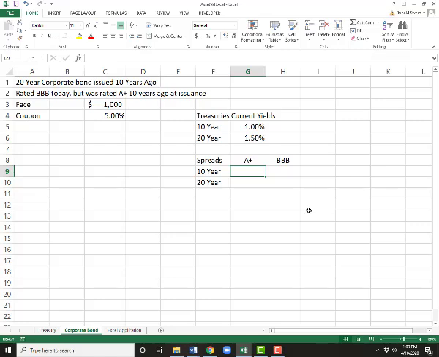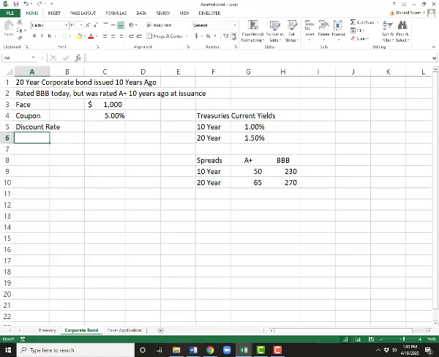So let's say A+ bond spreads are 50 and BBB is 230. And for 20 years, let's say it's 65 and BBB is 270. All right, so there are our spreads. So the question is, what is our discount rate?